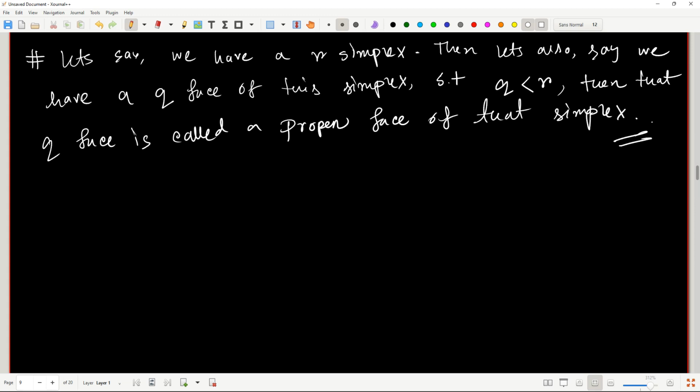It's just terminology. Let's say you have a triangle, right? The triangle itself is a simplex, and then there is this face, the filled region in between. This is what you would intuitively call a face. So we are just calling this type of faces proper faces. Okay.